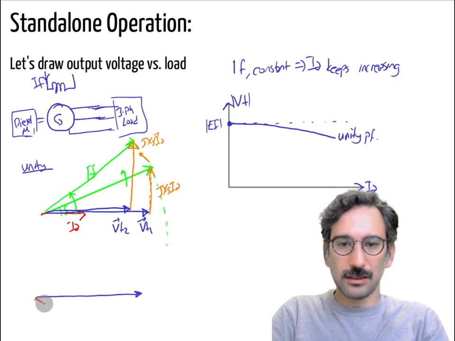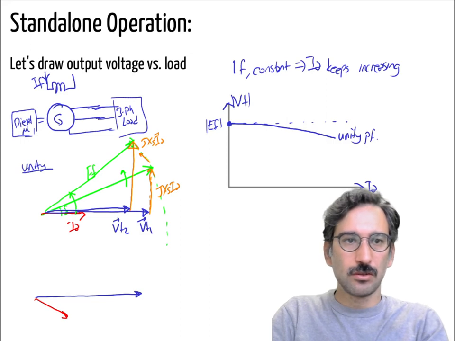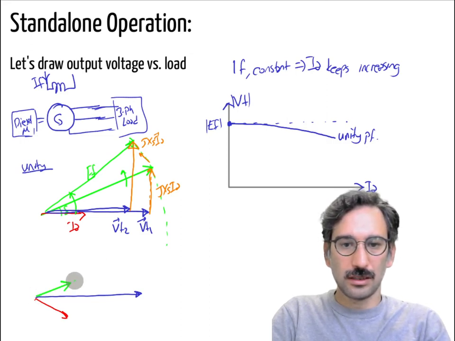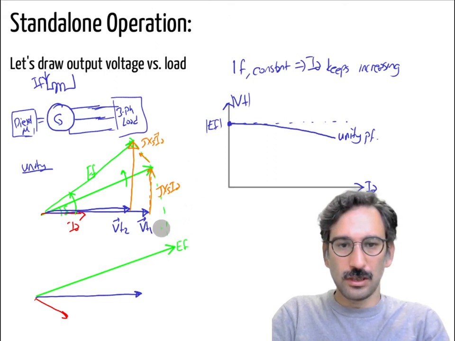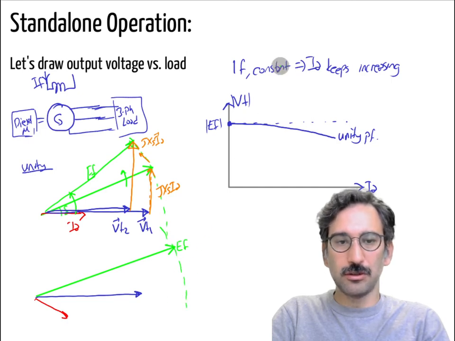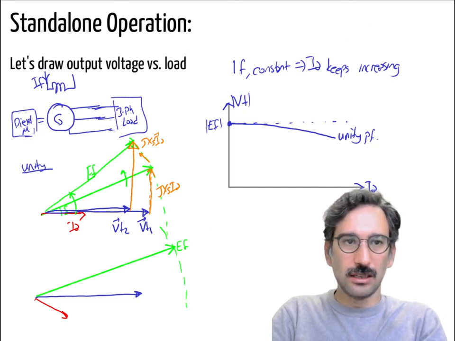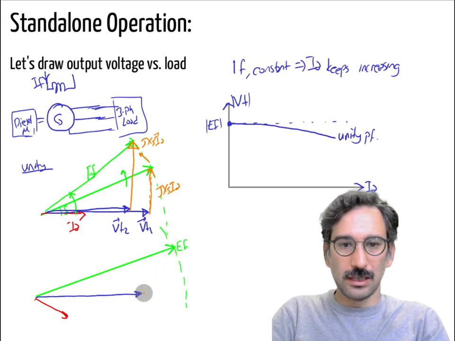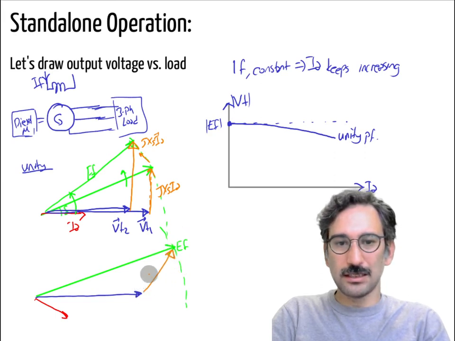And you can think the same way with the lagging power factor, right? If you have EF like that, EF can only move along that circle, and in this case you will have the jXs here.